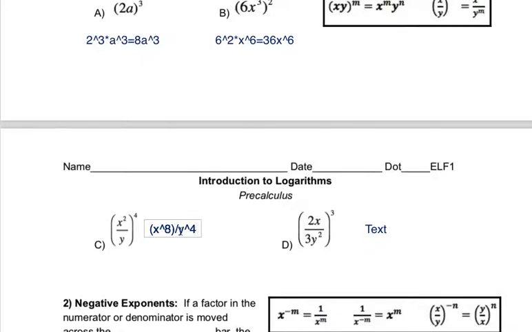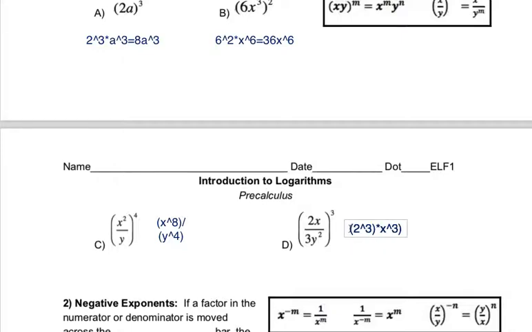And then do this just to make it easier to read. And then here, I have to make sure I distribute this third power to every term, so not just to my variables, but also to my constants. So it becomes 2 to the third power times x to the third power.